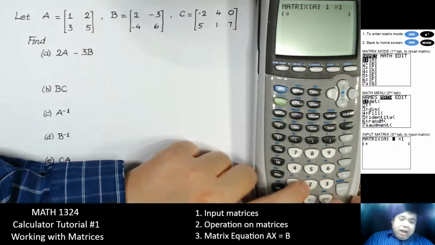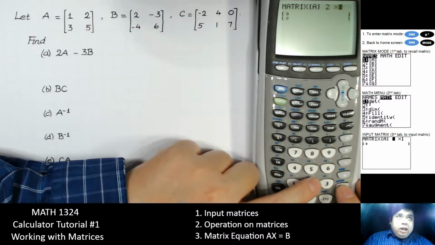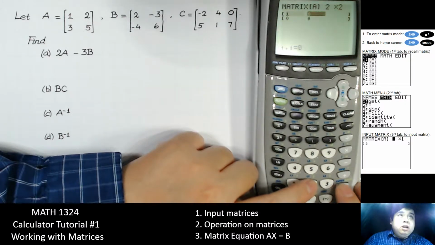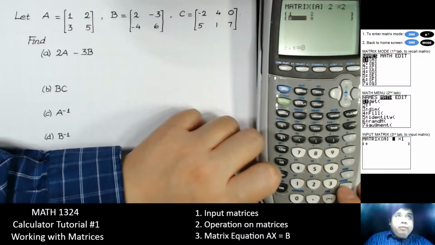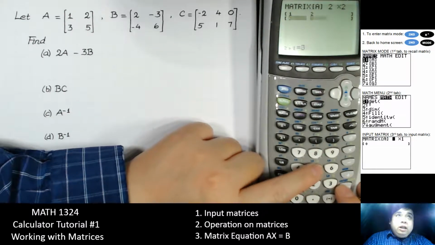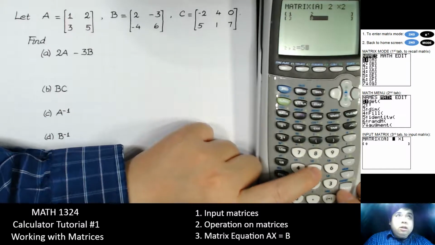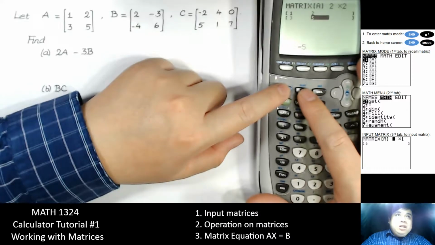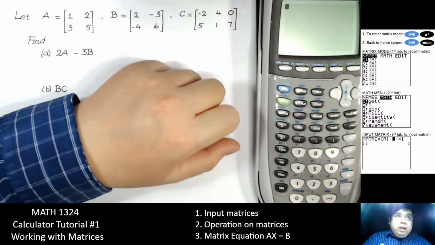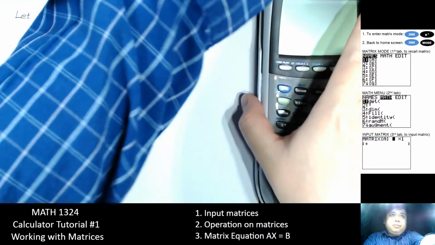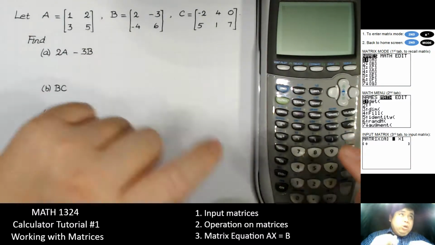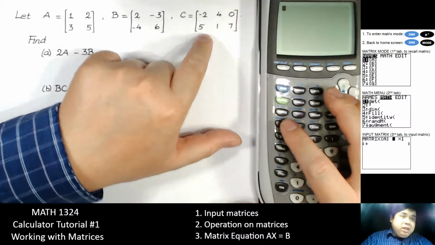Matrix A has 2 rows and 2 columns, so 2 by 2, and we'll just enter the numbers 1, 2, 3, and 5. And when we're done, hit second mode. Now we're back to the home screen. Then we'll do the same thing for matrix B and matrix C.